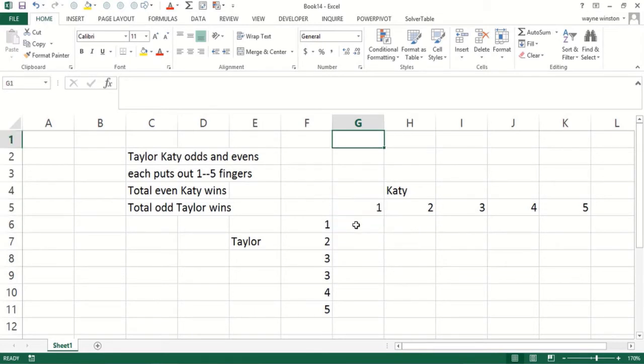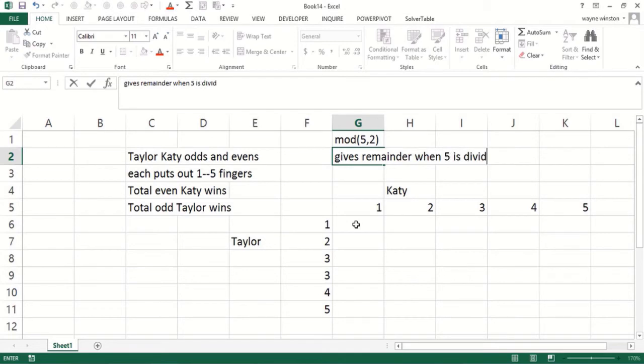Well, the trick here turns out to be a function called the mod function. How do you tell if a number is even? Well, the mod function, like if you say mod 5 comma 2, gives the remainder when 5 is divided by 2. And that would equal 1. And if I say mod 4 comma 2, the remainder when we divide 4 by 2 is 0.